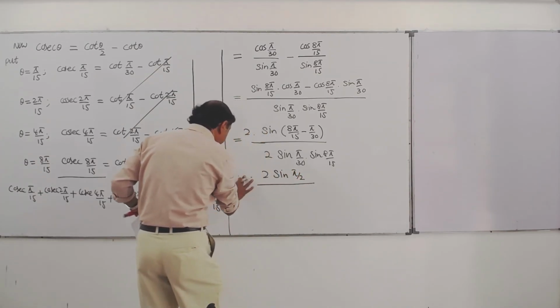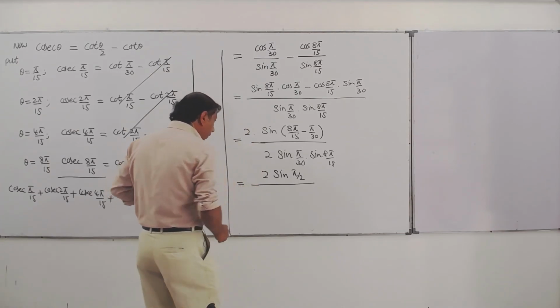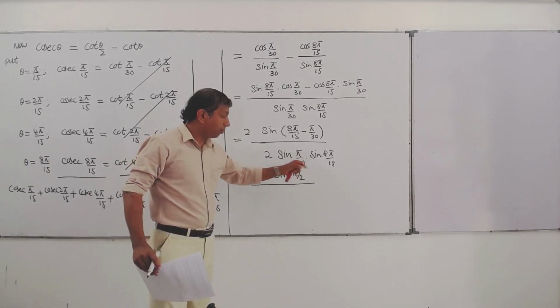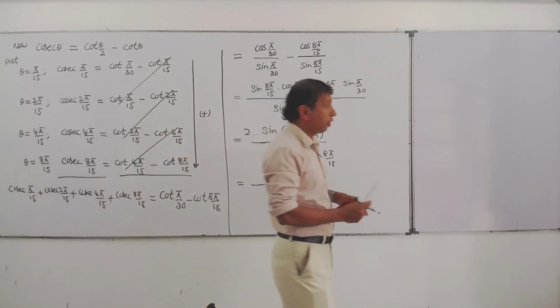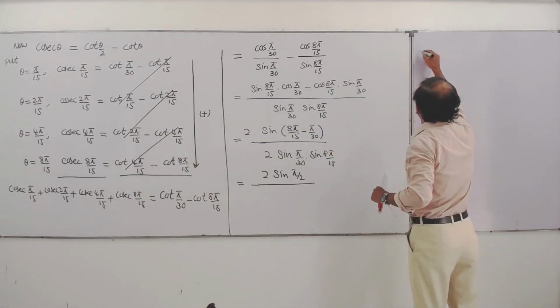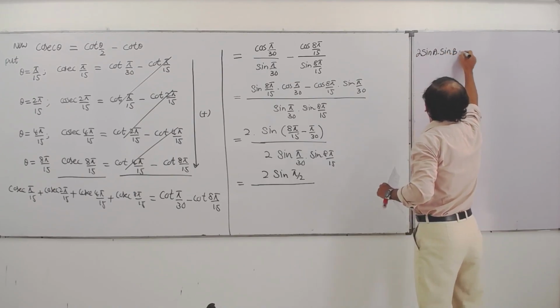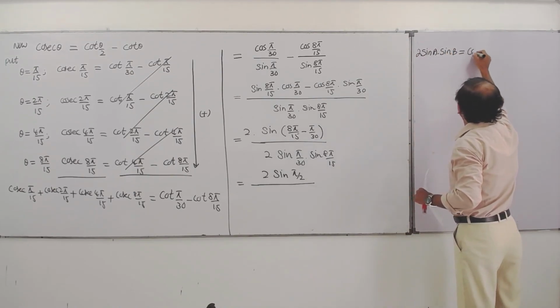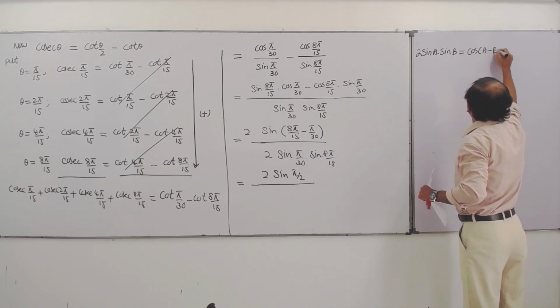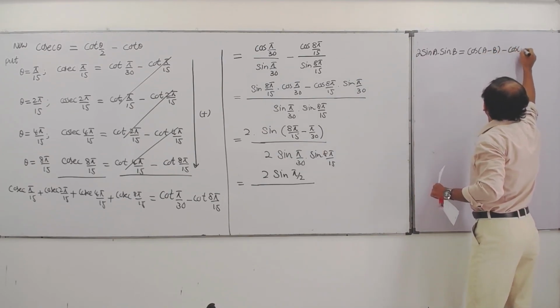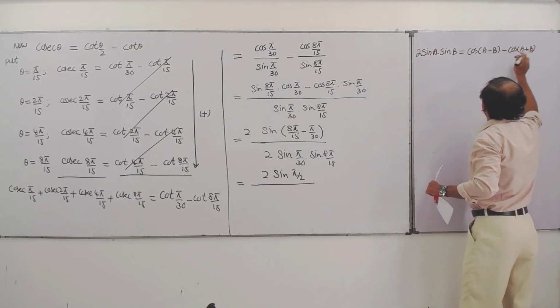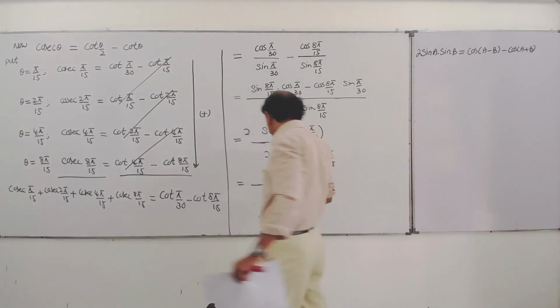Divided by, right, now. Here for this we apply, people, the 2 sin A sin B formula. In trigonometry we learned under product formula, 2 sin A sin B formula. Can you remember this? This is cos (A minus B) minus cos (A plus B). Now we apply this there. Now what do you get there?